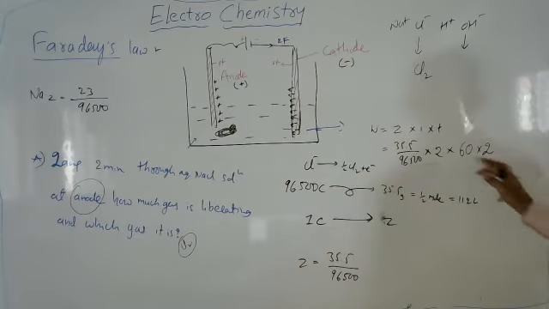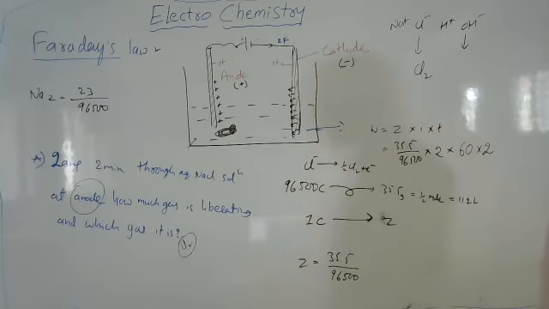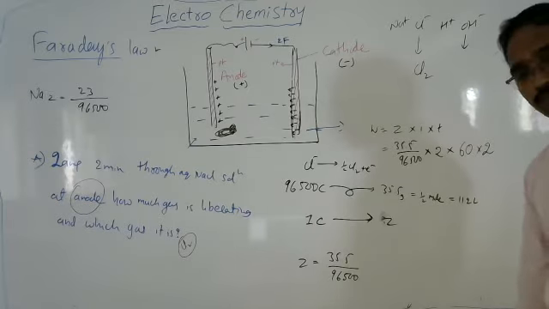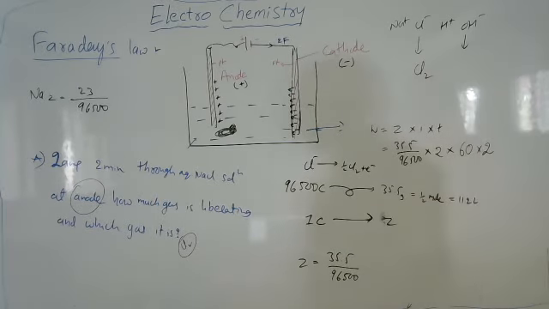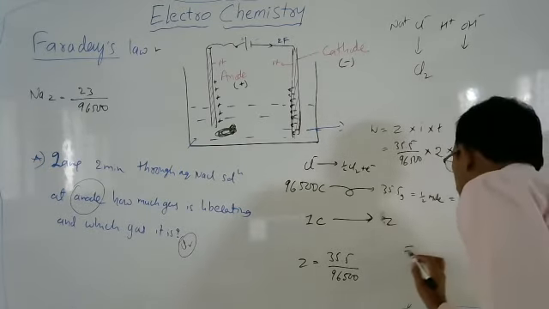Now if you do this calculation, you will get the weight, mass. Then convert into moles, then liters. Is it clear? You have to do this numerical. I will do this approximately.